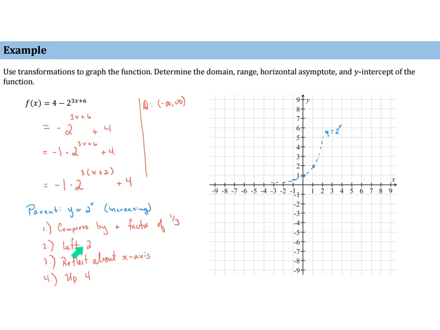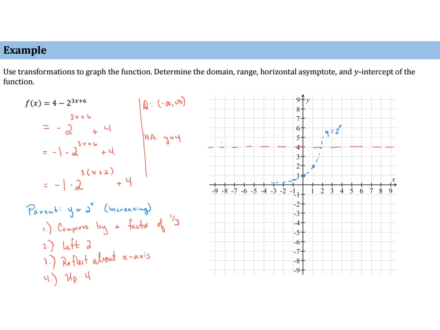Our left of 2 units will not move it. A reflection about the x-axis will not move a horizontal asymptote, but moving it up 4 will. So let's move it up 4. So instead of the x-axis, we have a horizontal asymptote of y equals 4. So horizontal asymptote, y equals 4.